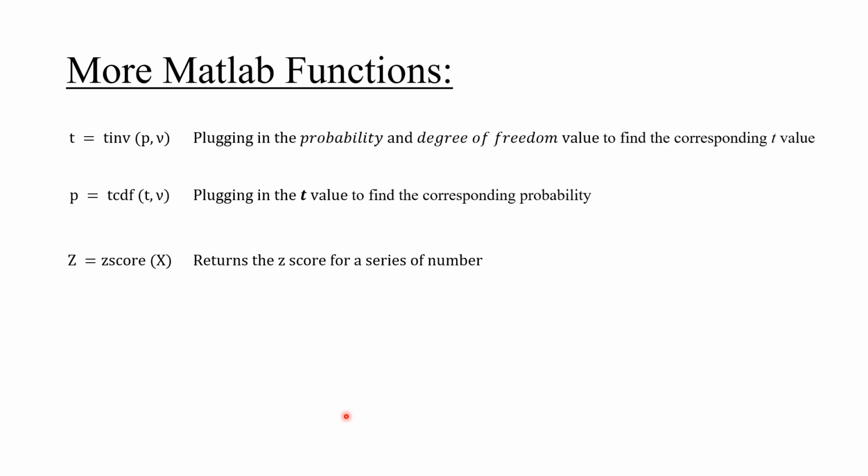It doesn't give you the z-value based on the probability, but it finds the z-value for a set of data. If you have a set of data 2, 3, 56, 34, 23, and you use the Matlab function zscore a, it finds the average, it finds the standard deviation, and it finds the z-value for each case.